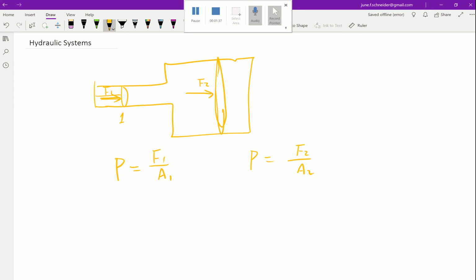So one principle we need to know is that in the hydraulic system, the pressure is constant. In other words, P1 is going to be equal to P2.